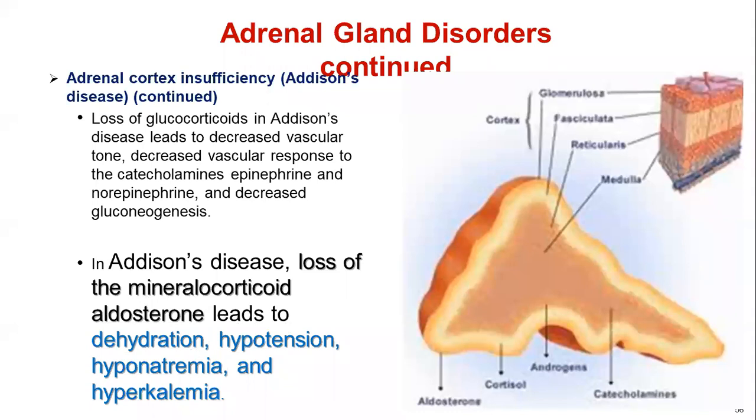What are the signs and symptoms? Addison disease signs and symptoms: weight loss or hyperpigmentation in the body, which is called bronze skin. This is a question the NCLEX board asks. Or the patient feels lethargy, nausea, vomiting, hypotension, or dehydration.